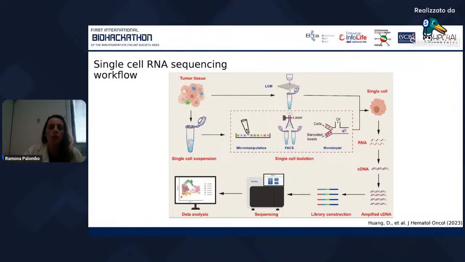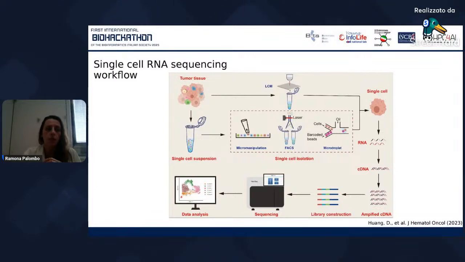And so what is the workflow of a single cell RNA sequencing? We start from a tumor tissue or a single cell suspension. We can also use the laser microdissection technique to obtain the dissociation of the cells from the tissue or from each other.